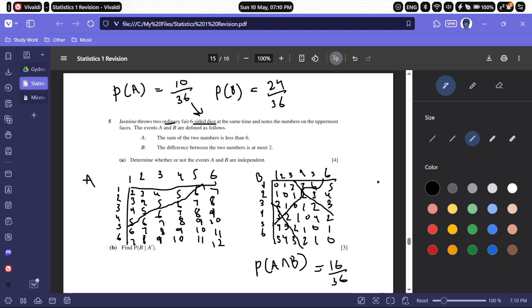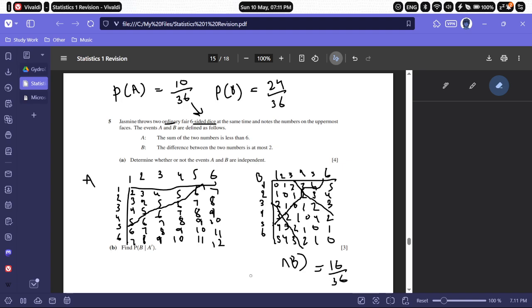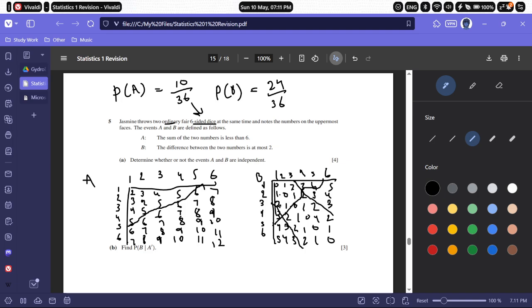Sum of the two numbers. Wait, what did I do wrong? Oh wait, okay. No, this would be the shaded region. My bad. I took the wrong part. You take the intersection between those two regions, which would be this part, not the other part.